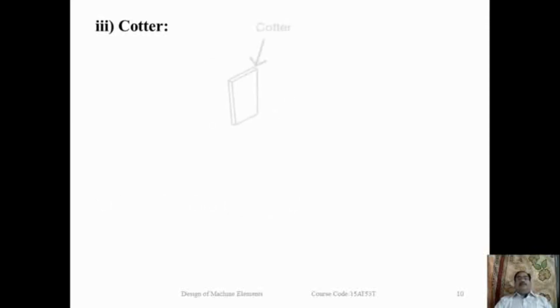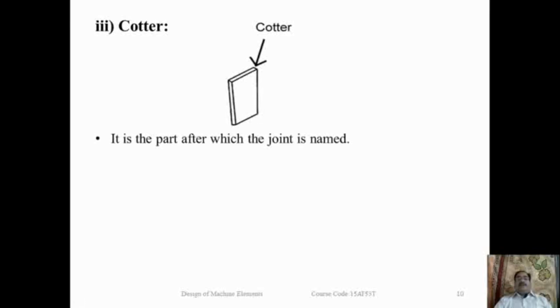Next, the third main part is the cotter. This is the cotter, which is tapered in section, so the width at the top is more than the width at the bottom. It is inserted to join the socket and the spigot. It is the part after which the joint is named.